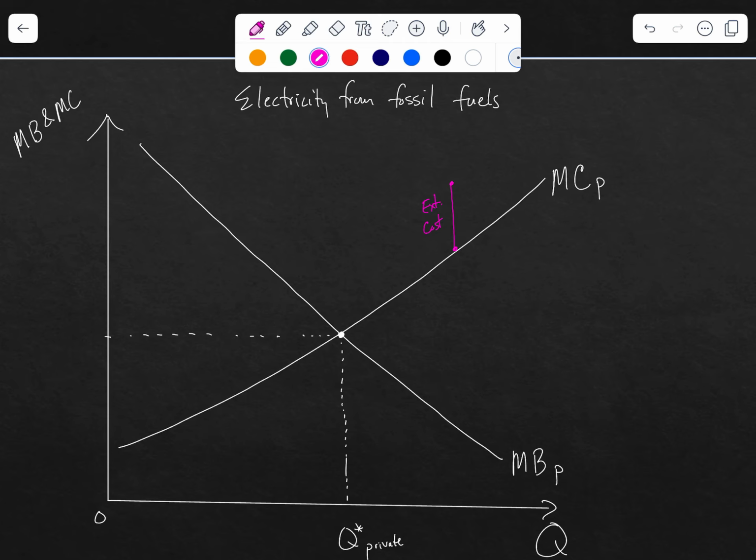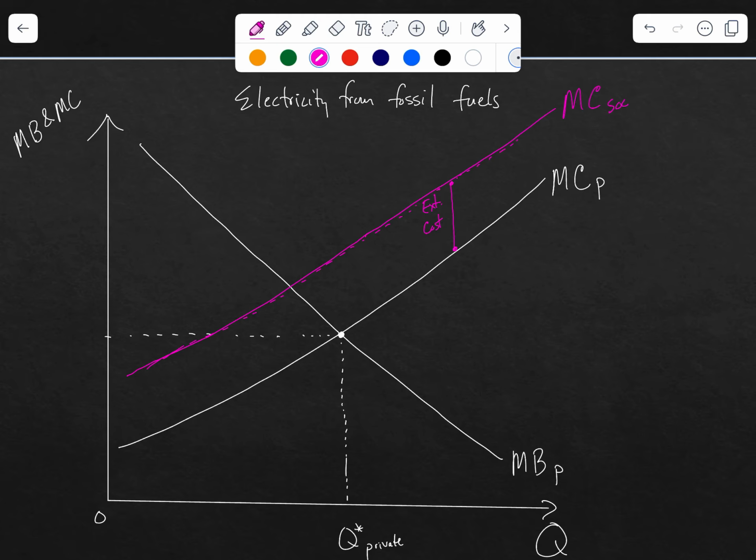The external cost, if we add that on top of the private marginal cost curve, and then we add them together, we will get the social marginal cost curve. Right?